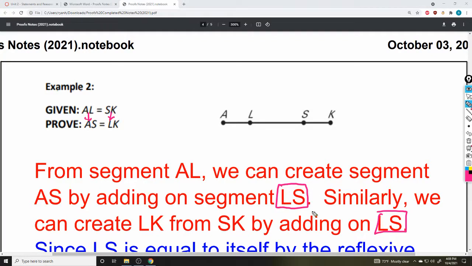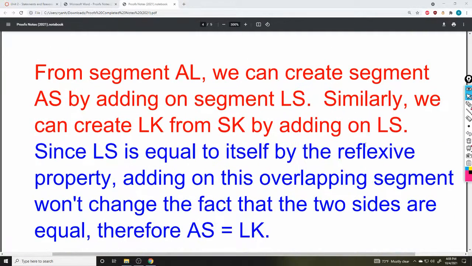Both times I just added on L to S, and L to S has to be the same on both sides. That's the reflexive property, which says I can add the same thing to both sides. It won't change those two things being equal. Therefore, they have to be equal to each other.